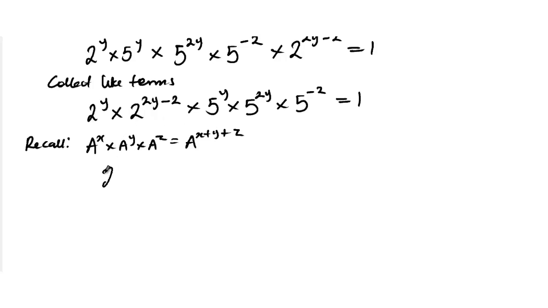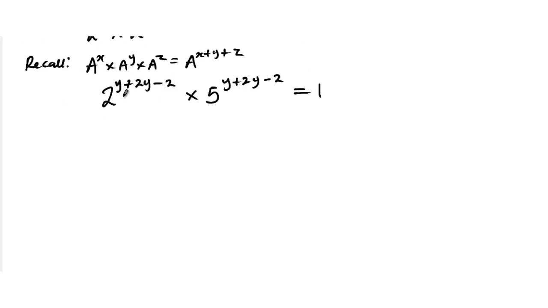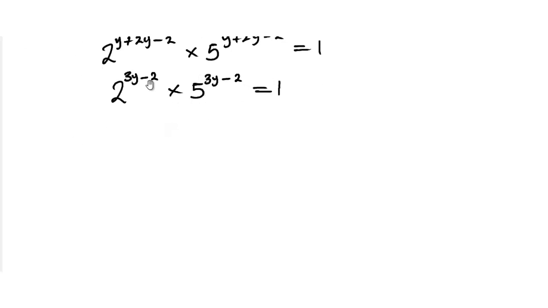So we can say 2 raised to power y plus 2y minus 2, then times 5 raised to power y plus 2y minus 2 is equal to 1. What's the next thing? y plus 2y, that's 3y. So we have 2 raised to power 3y minus 2, then times 5 raised to power y plus 2y, that is 3y minus 2, is equal to 1. So now they have the same power.